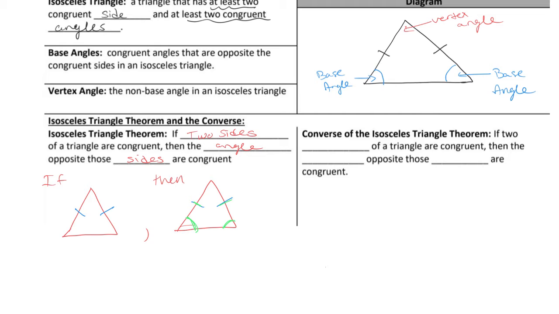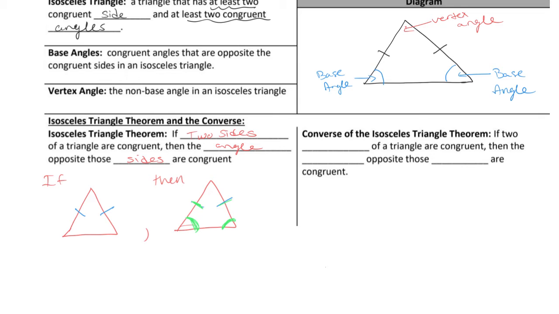Opposite angles means the angle not touching the side. See how this side right here, the angle not touching it would be here. So that angle right there would be congruent to the angle opposite the matching side.